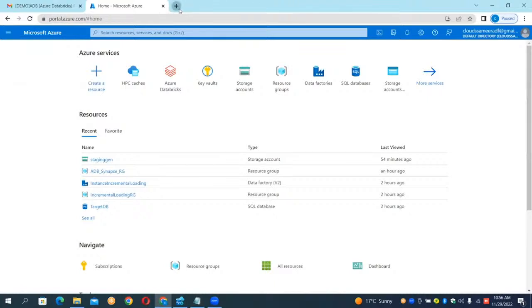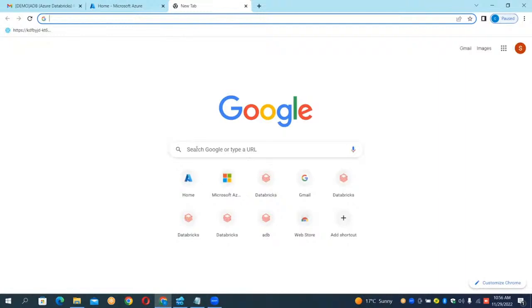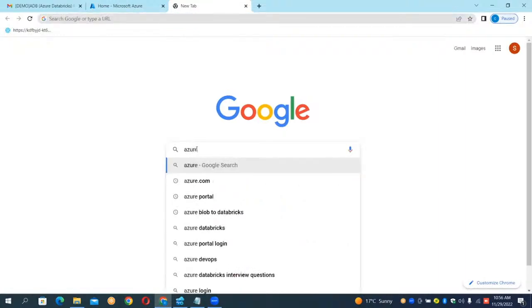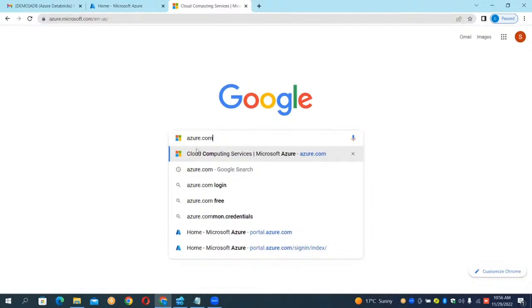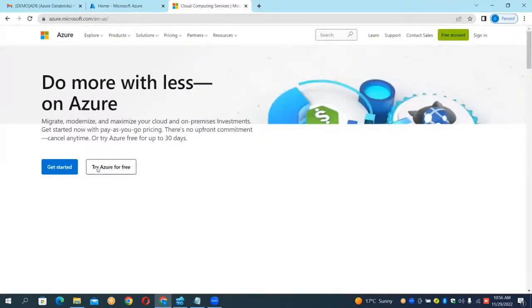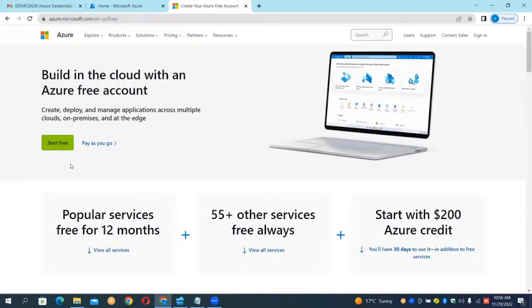Now, guys, do one thing: open a tab and type azure.com. Then click on Try Azure for free, or you can say start free. You can click on start free, or you can click on the pay as you go model.